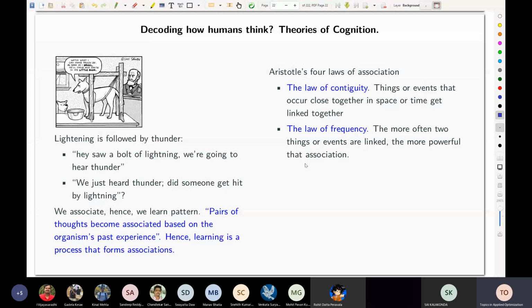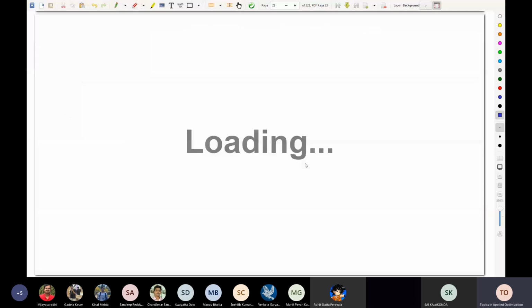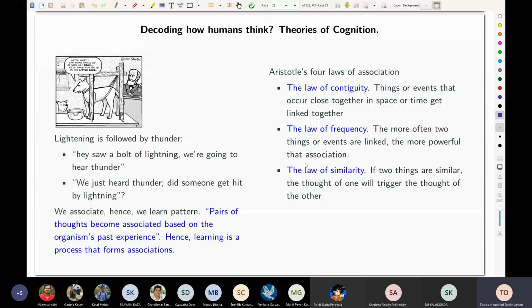We are talking about the theory of learning, right? So how people learn. One way that people learn is that you see or do something repeatedly. So the law of frequency: how frequently things happen also relates to how you are going to learn. Law of similarity: if two things are similar, the thought of one will trigger the thought of the other. Again, if there are similar things, then you tend to remember.